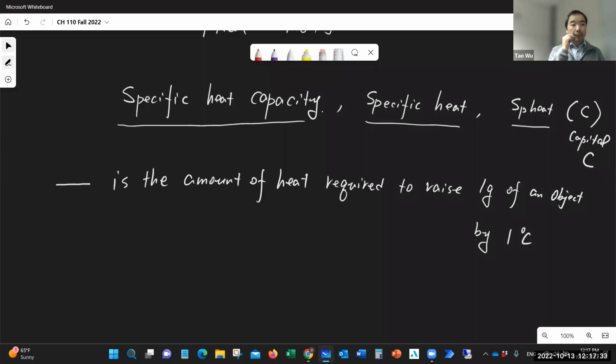Yeah, I know sometimes it's hard to understand what that means. So first, go ahead and write this definition down. Then let's explain it one by one.